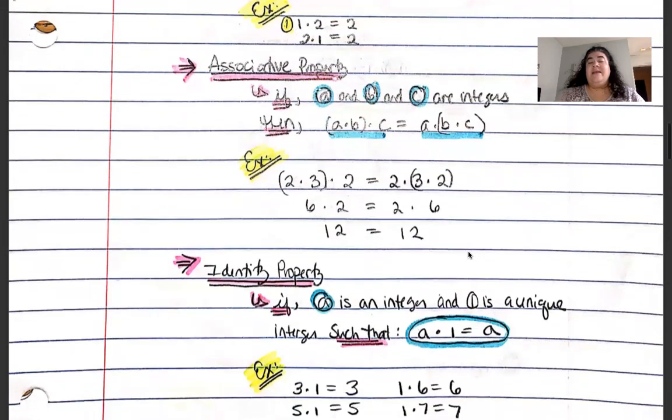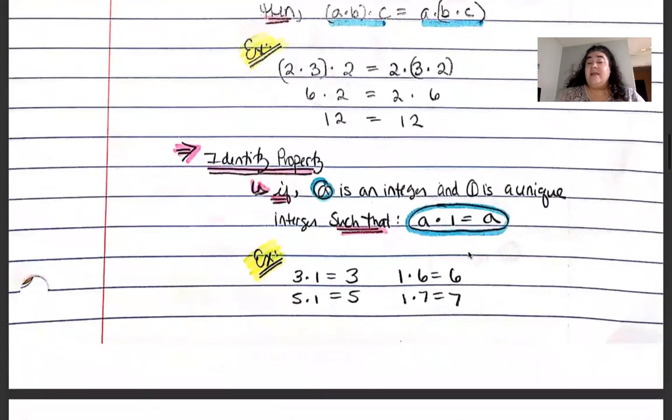All right, let's move on to the identity property. This is the same identity property that we have in multiplication when dealing with whole numbers, not just integers. It still applies when multiplying with integers, but please note that it is different than the identity property in addition.